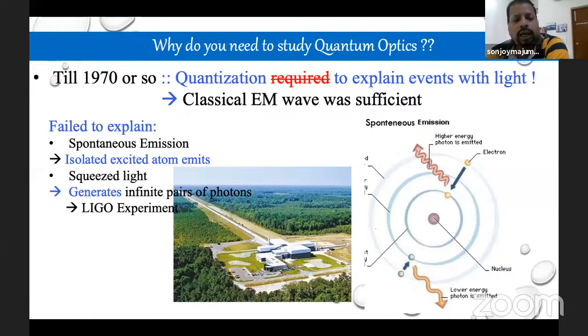More like that, there is a recent, not that recent, it has been almost 20, 25 years, a new kind of light that is known as squeezed light. I'll try to explain why it is called squeezed in my subsequent slides later on.